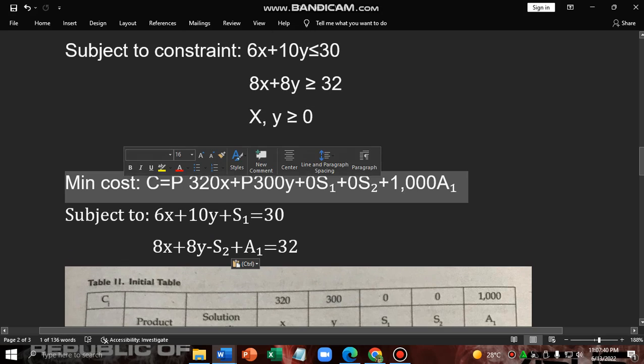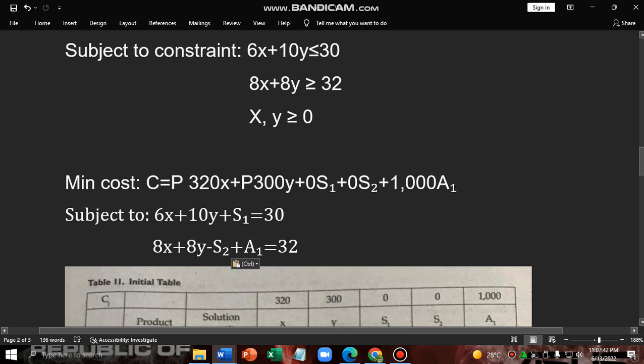In the minimization cost, we add 1,000 A sub 1, since that is called the artificial variable. The artificial variable prevents the slack variable from becoming zero and prevents an equality constraint from resulting in a constant zero.